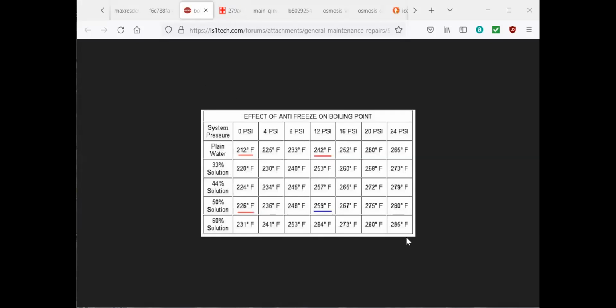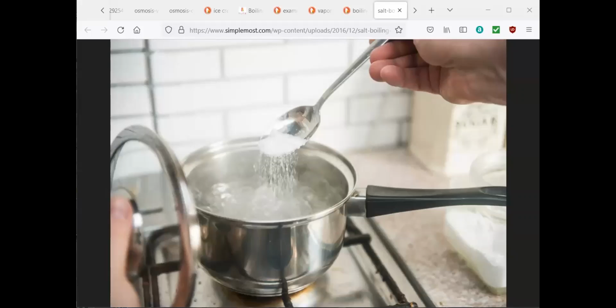Now, what would happen if you were boiling water to make pasta? Oftentimes when we make pasta, we add a little bit of salt and a little bit of oil to our water before we boil it and subsequently add our pasta. So why do we do this besides flavoring?